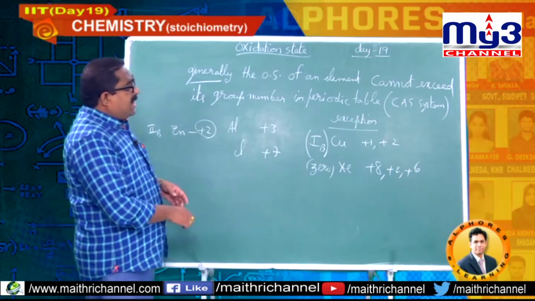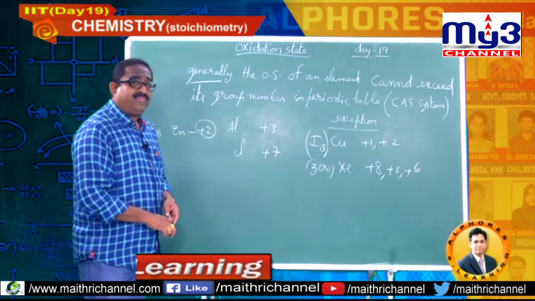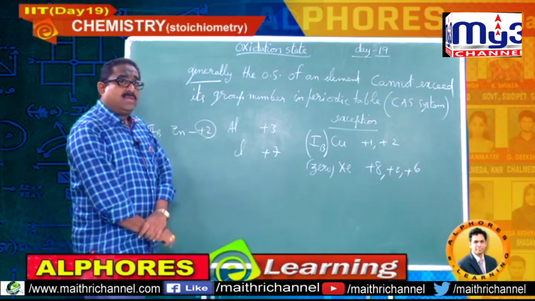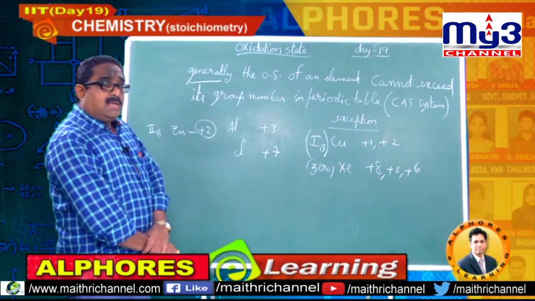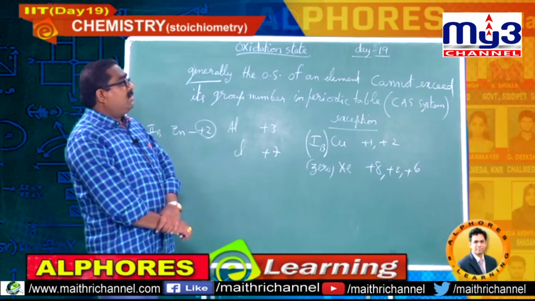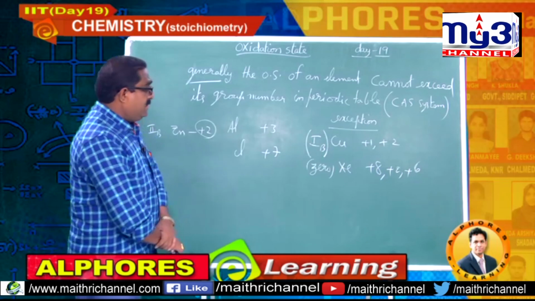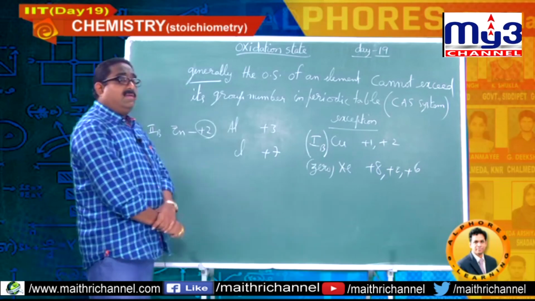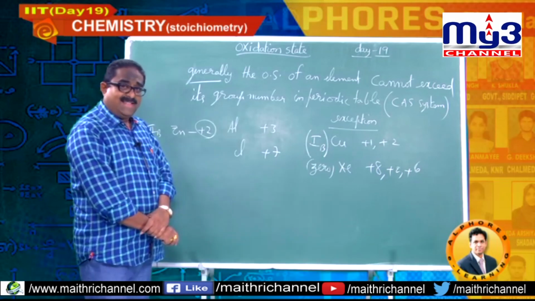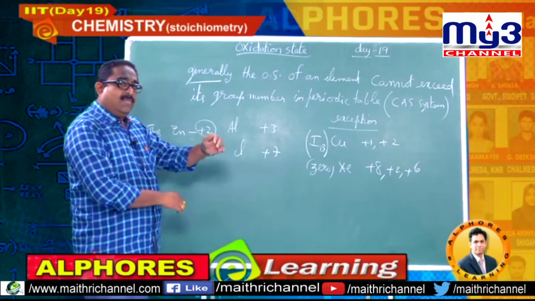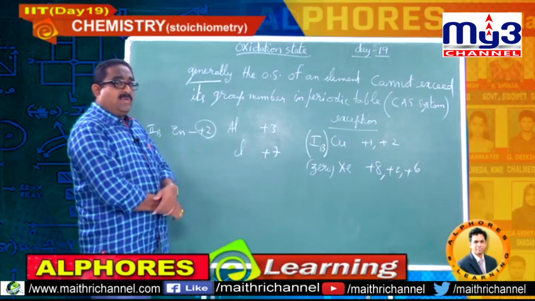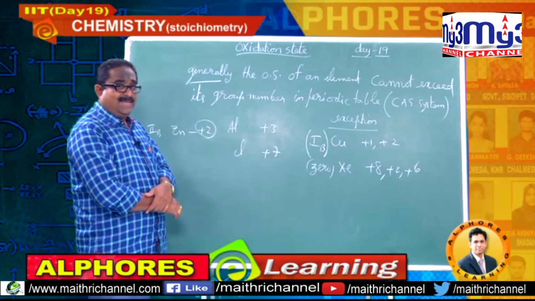With this, we have almost completed the rules to assign the oxidation states for different elements, and after this we will go for an exercise. Please complete this and I will give one or two more examples and then I will go for the exercise. Please note it down.